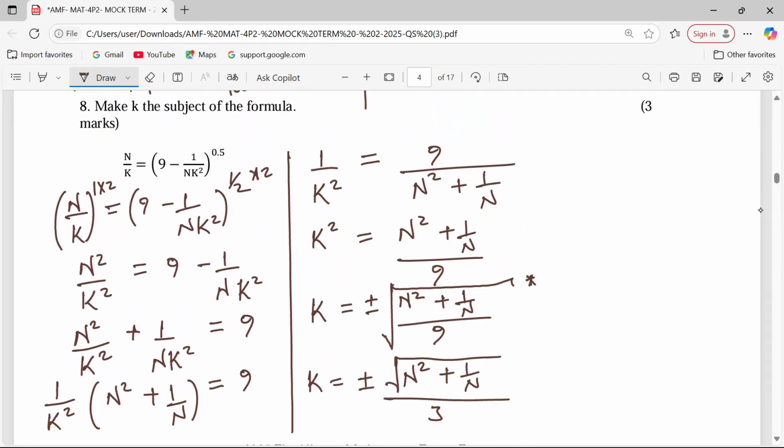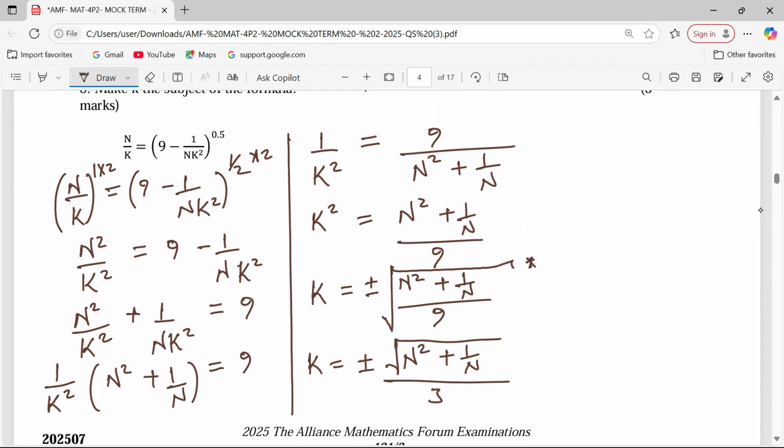So we can still move further and simplify, whereby we shall be talking of k being equal to plus or minus the square root of n squared plus 1 over n that way.